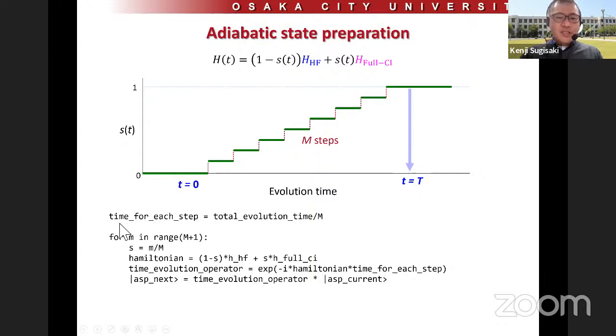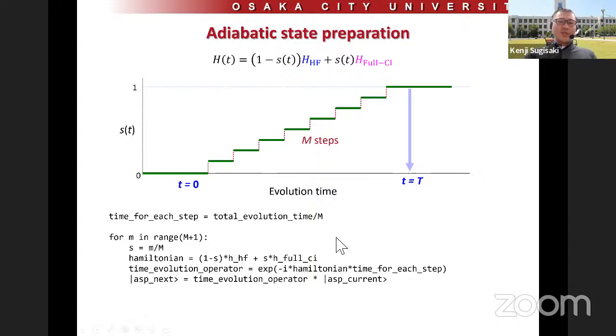So the time for each step is just the total evolution time divided by M. And then we perform the quantum simulation of the time evolution under the time-independent Hamiltonian at each step. But at every step we use a different Hamiltonian with different s values. The s values change from 0 to 1.